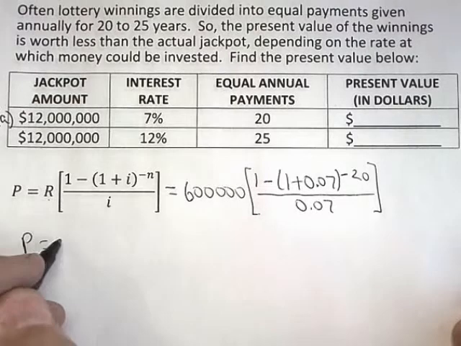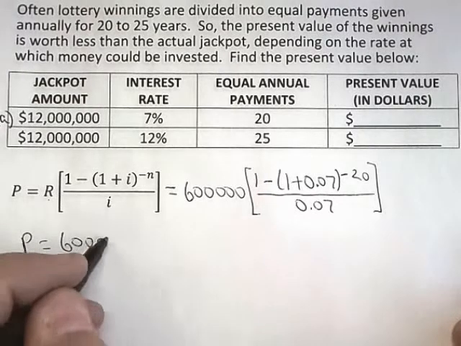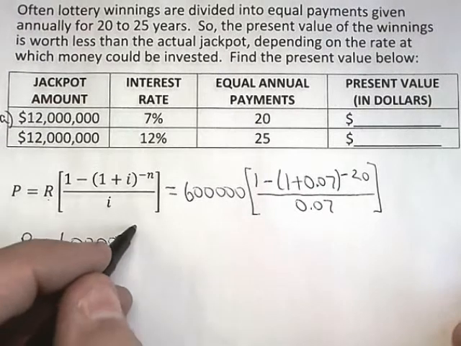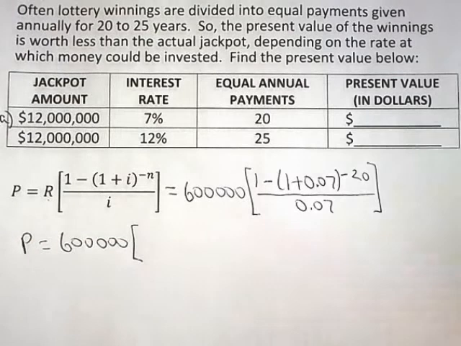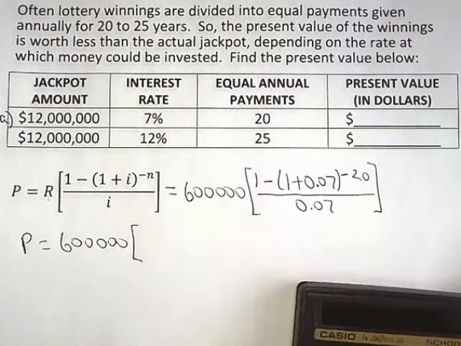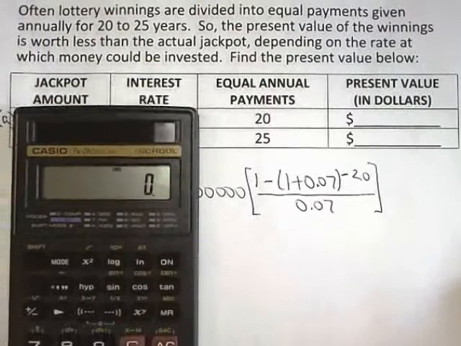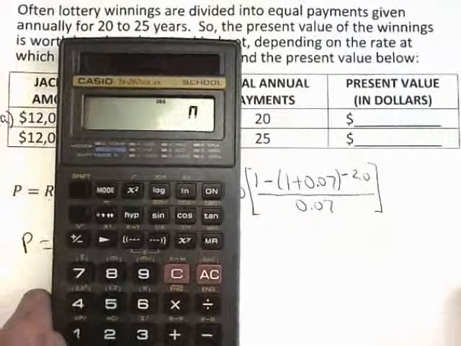So the present value is 600,000 times. Now I'm going to do this calculation on the calculator. So I'll put it here where you can see what I'm doing.